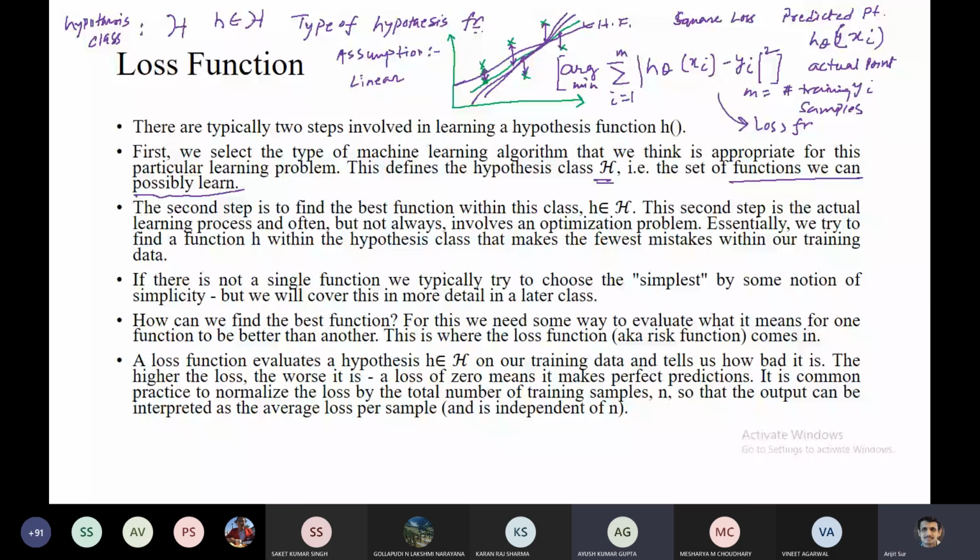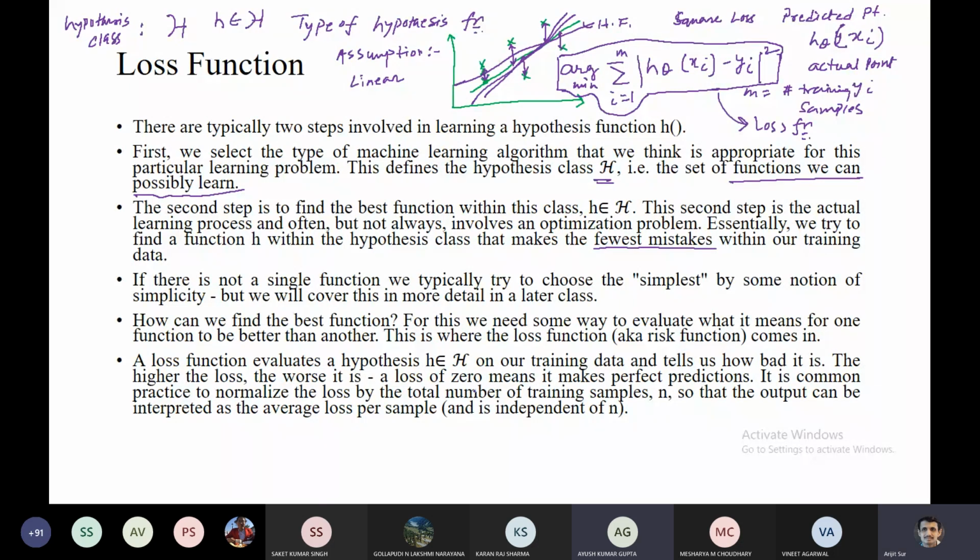So the second step, finding the best function within this class, is the actual learning process, and often but not always involves an optimization problem, as we have seen. Essentially, we try to find the function h within the hypothesis class that makes the fewest mistakes on our training data. This particular optimization function is only one way to find the fewest mistakes.